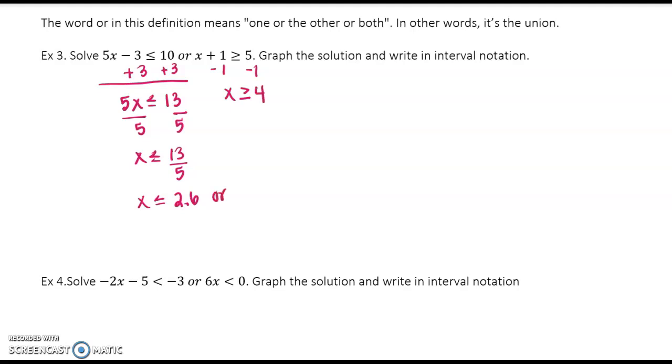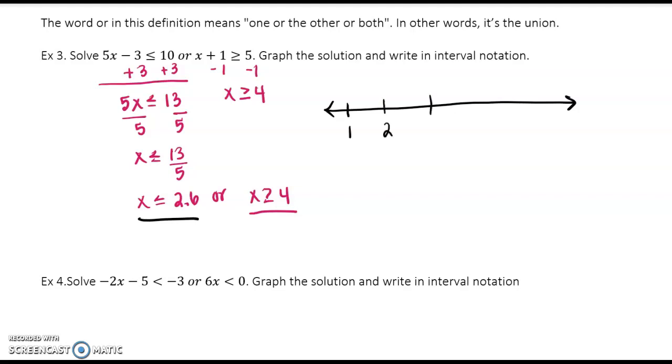And then I'll just bring it down here. So we could go ahead and graph each one. I'll graph this one in that color, and then I'll graph the other one in black. So we're going to start off with 1, and then go all the way to 5.